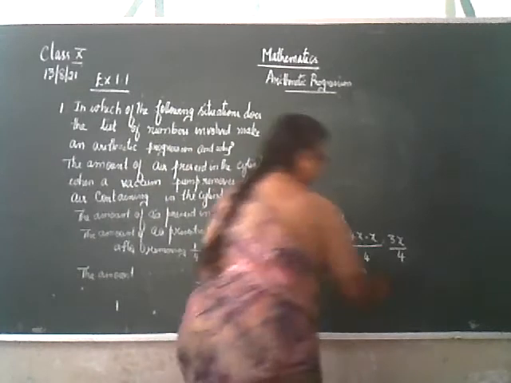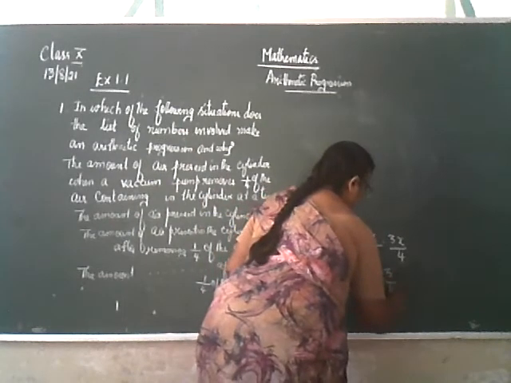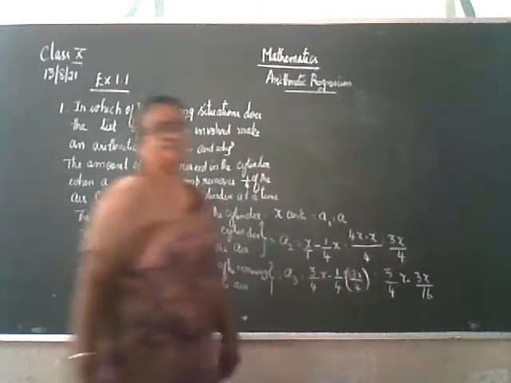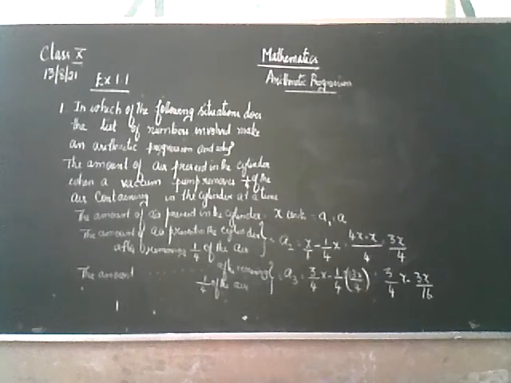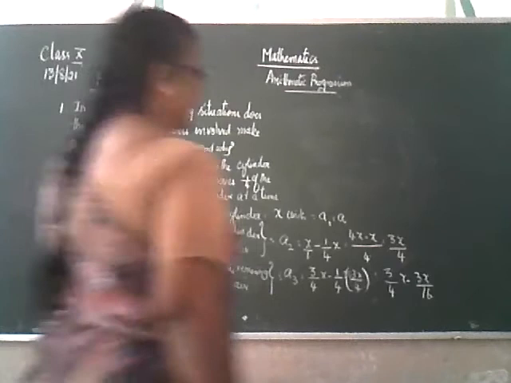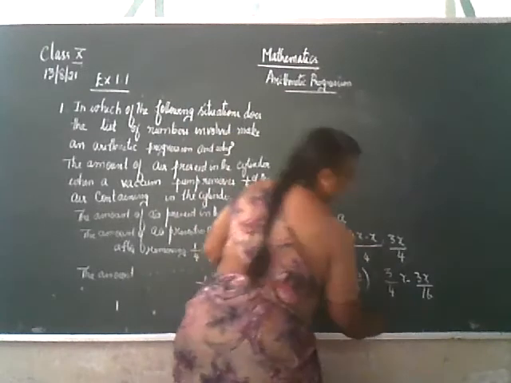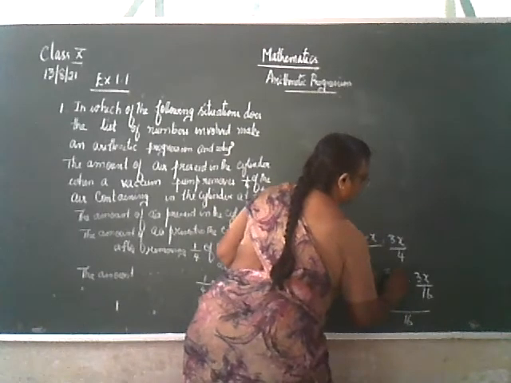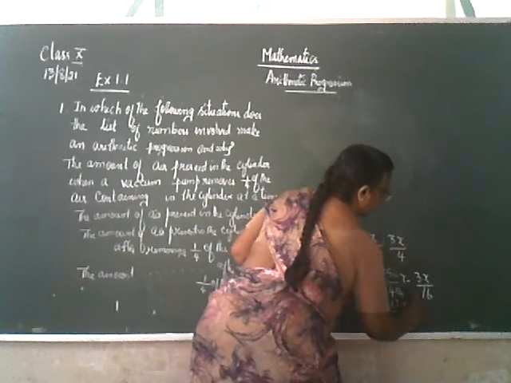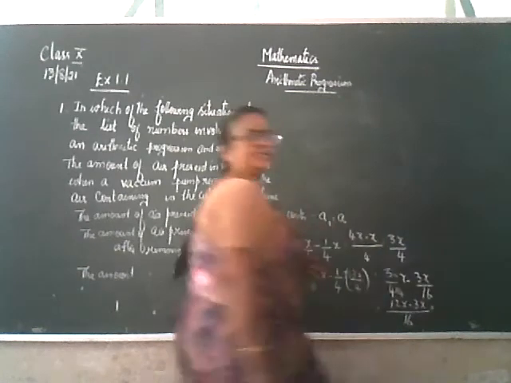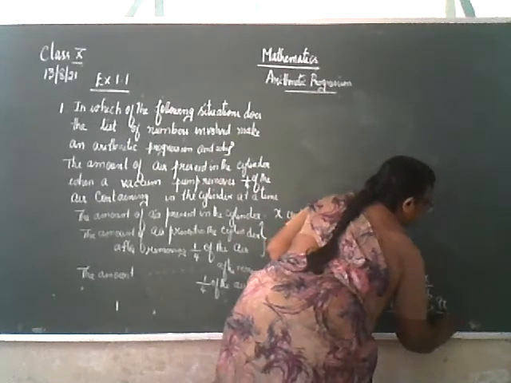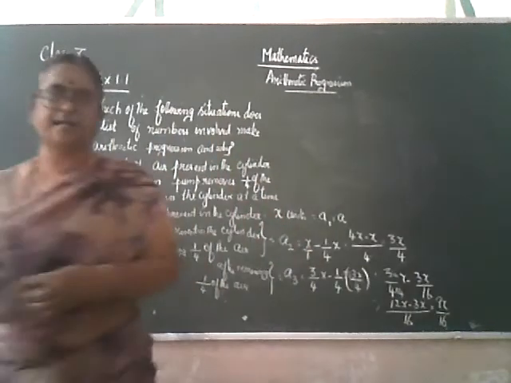So you can say this as 3 by 4x minus 3x by 16. So what you will get? Take LCM now. When you take LCM as 16, 4 4s are 16. So 3 4s are 12x minus 3x. What is 12x minus 3x? 9x, 9x by 16.